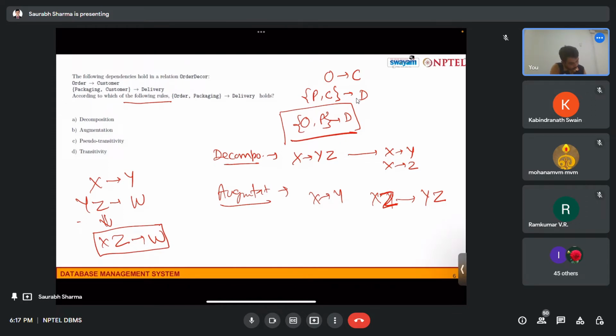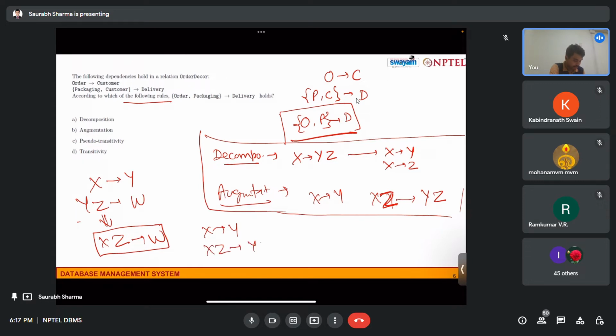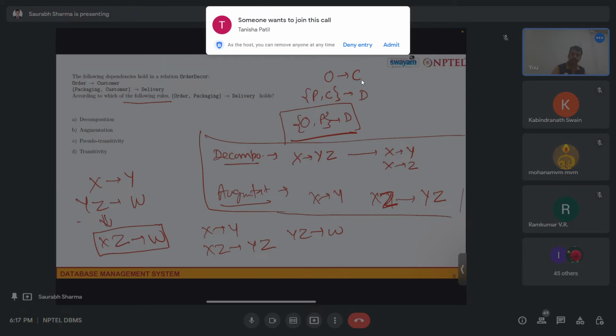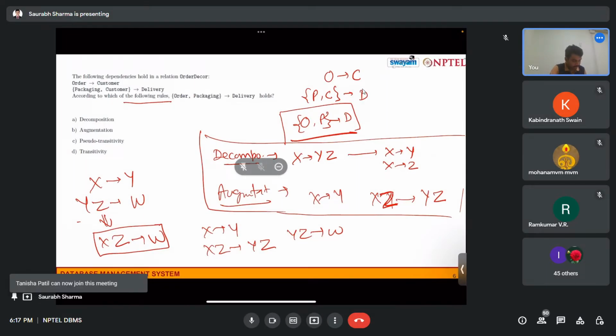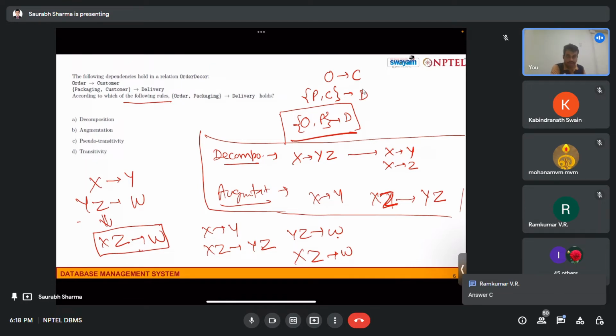If X determines Y, just apply augmentation here, so XZ will determine YZ. Now YZ is determining W, so with the help of transitivity we can say that XZ determines YZ and YZ determines W. So what we can infer is XZ can determine W. So it is the rule of pseudo transitivity. Then the fourth option is transitivity.